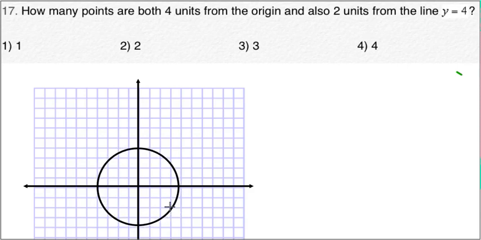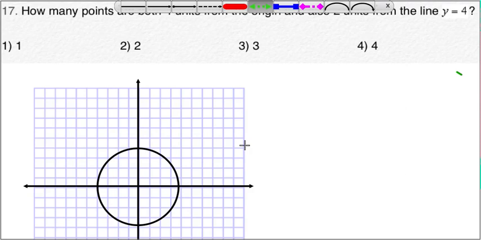So we're looking at something that's 4 points away from the origin, and 2 units from the y equals 4. In fact, you will realize that y, no matter what, has to always be equal to 4, which is a horizontal line.